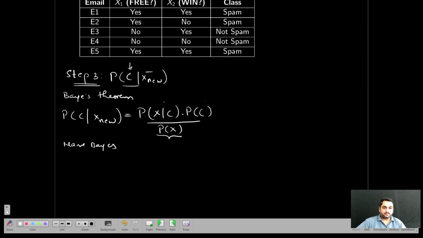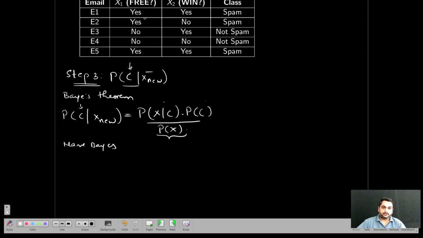if you observe this p of x, p of x means it can be x1 or x2. So for every class, whether it's spam or not spam, this value will remain the same. See, there are 3 yes and 2 no's. For x2 also there are 3 yes and 2 no's. So p of x, whenever I take for spam or not spam, it doesn't matter, right?